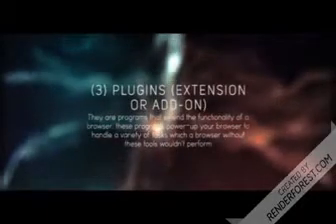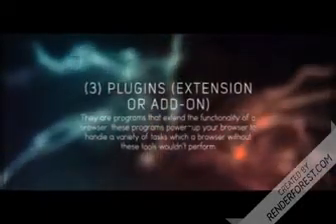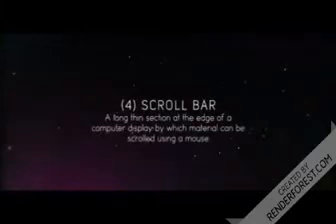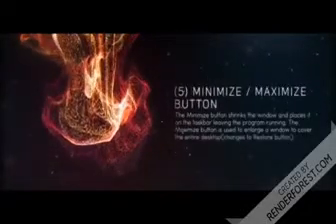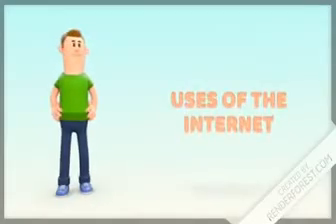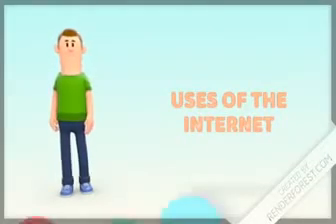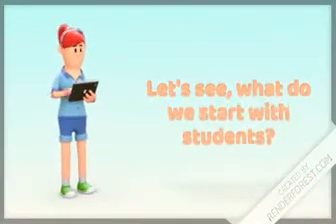The plugins or extensions. Those are add-ons that help your browser to perform optimally. 4. The scroll bar, this allows you to move up and down a particular web page. 5. The minimize and maximize buttons, which allow you to reduce or increase the size of your web page.